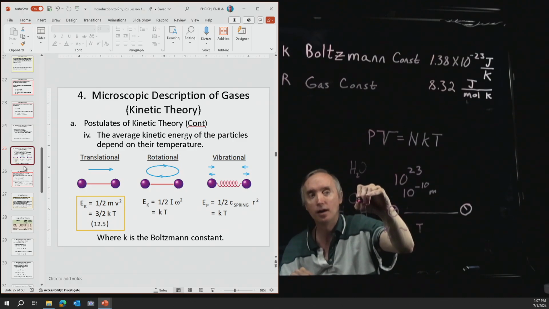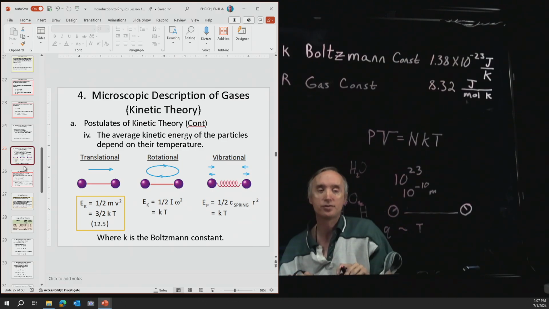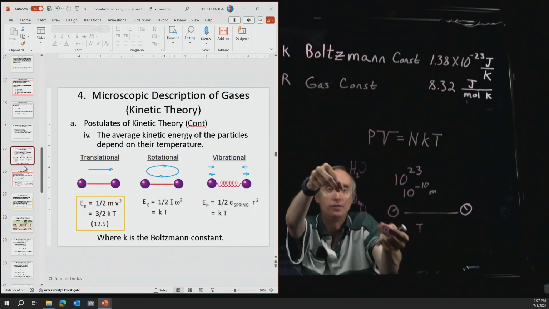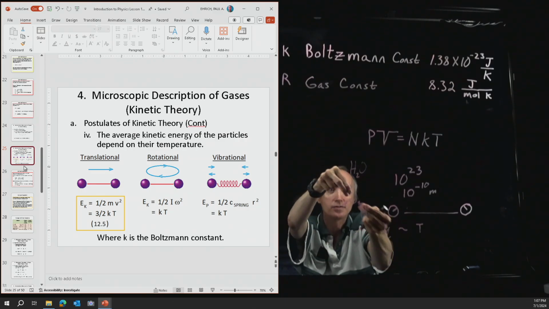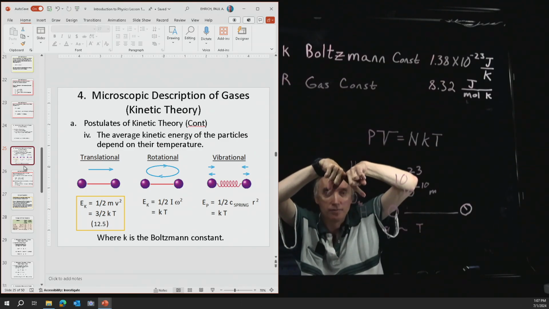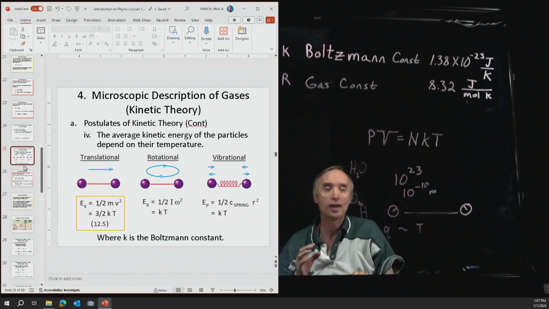And you can think of the electrical forces that are holding the oxygen and the hydrogens together as being like springs. So you can think of it vibrating like this. But it could also be vibrating like this. See what my fingers are doing?